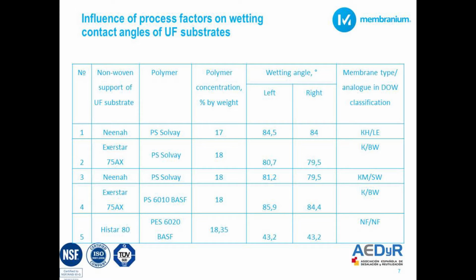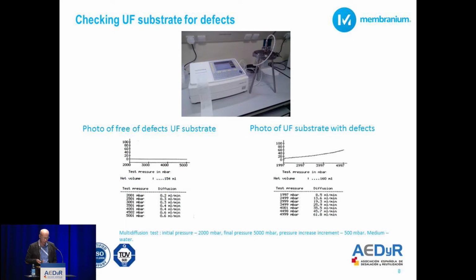And realizing the importance of the ultrafiltration support in the specification of the composite membrane, we pay a lot of attention to its manufacturing without any possible micro defect, and for these purposes we use a special device, namely SARTA-Check 3 Plus, to control the multi-diffusion test.